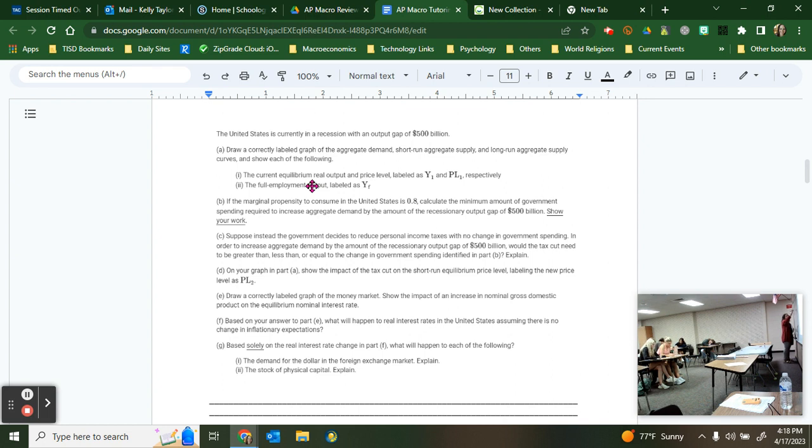Aggregate demand and GDP still go up because the spending multiplier has a bigger impact than the tax multiplier. So they're not going to cancel each other out because the multipliers are different.